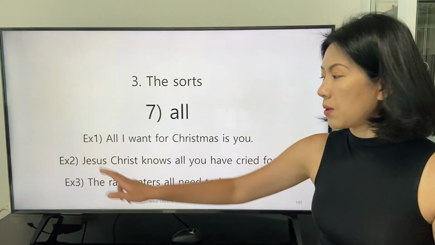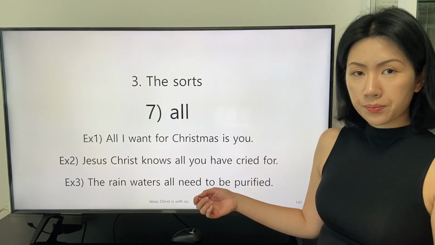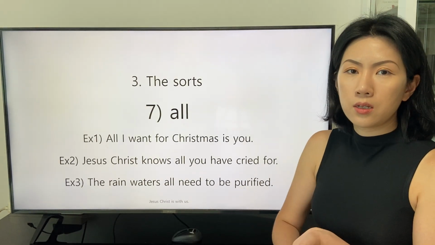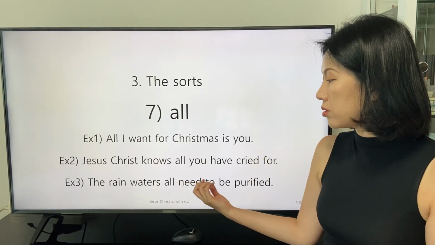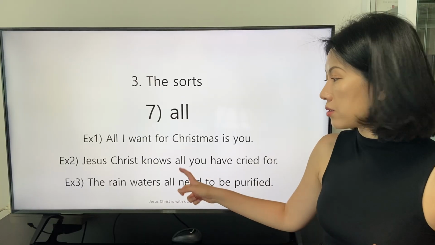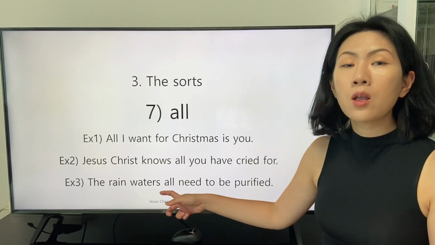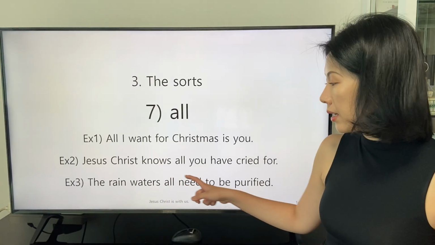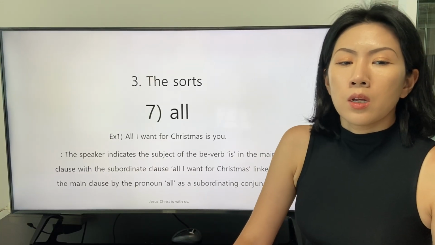It means that the subject washes off the object, and the object all need to be purified. Let's analyze the subordinate clause. In the subordinate clause, the subject is indicated by the pronoun all and described by the transitive verb need. Let's study one by one.